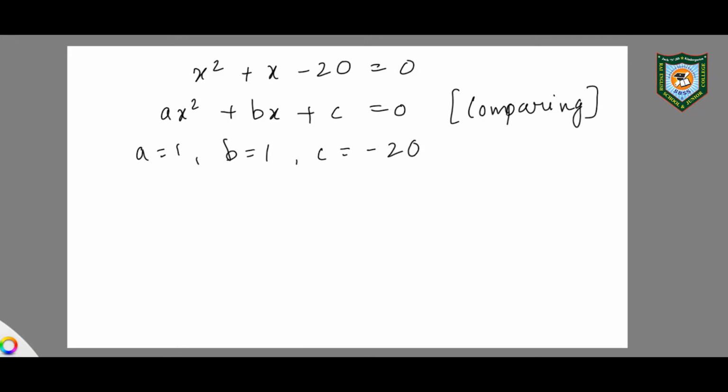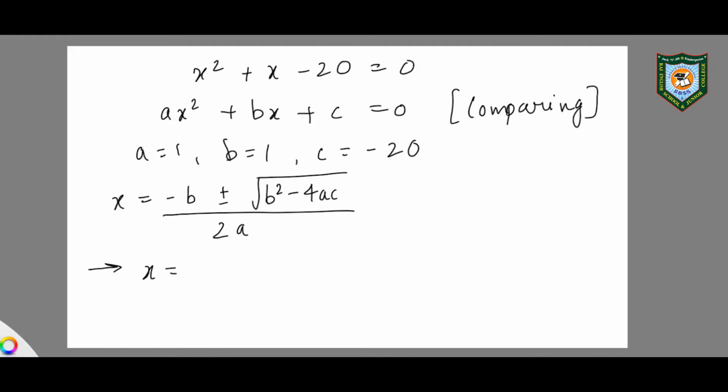So now I have to use the formula. I have x is equal to minus b plus minus under root b square minus 4ac whole divided by 2a. This implies x is equal to, b is 1, so this becomes minus 1 plus minus under root b is again 1, so this is 1 square minus 4 into the value of a, which is 1, and the value of c is minus 20.